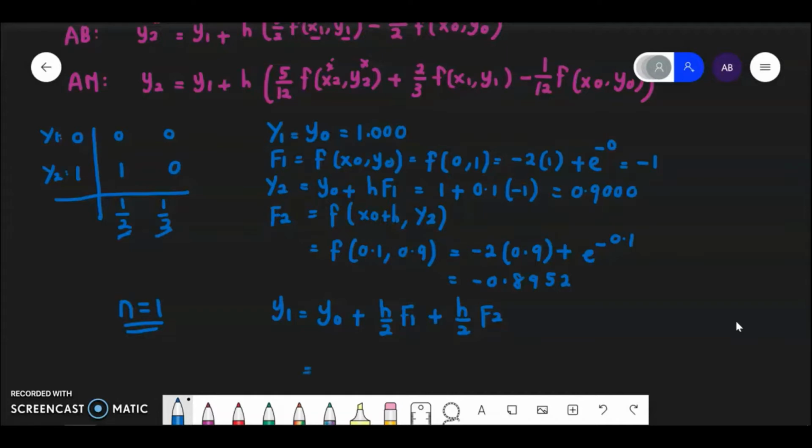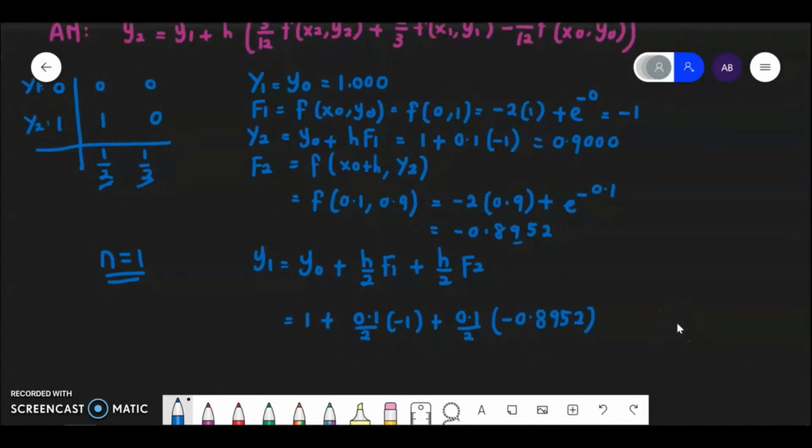Now 1 plus 0.1 over 2 times f1, which is negative 1, plus 0.1 over 2 times f2, which is negative 0.8952.